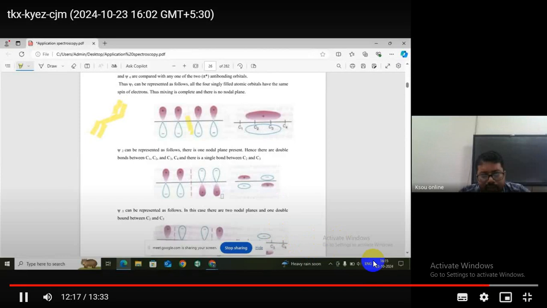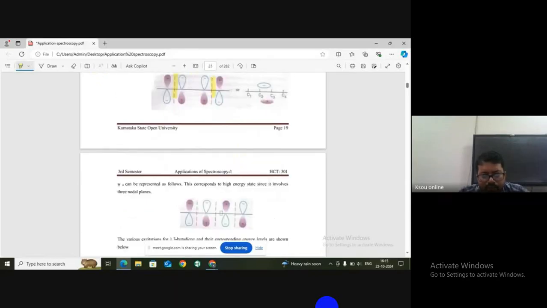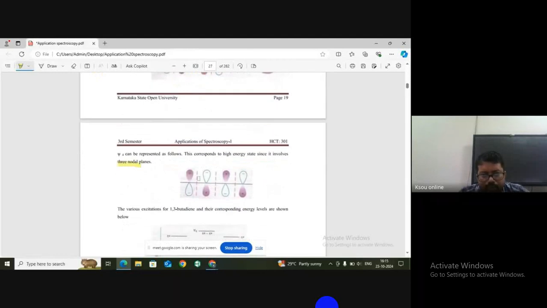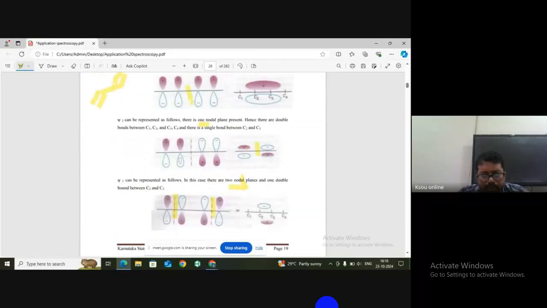So this represents one nodal plane. Here, for the third orbital, there are two nodal planes. The fourth has three nodal planes. If you cut here, the two halves are not equal, plus, plus versus minus, minus, so that is one nodal plane.